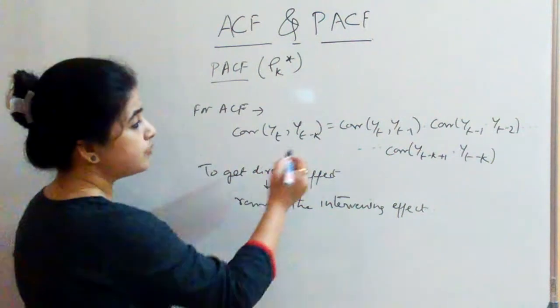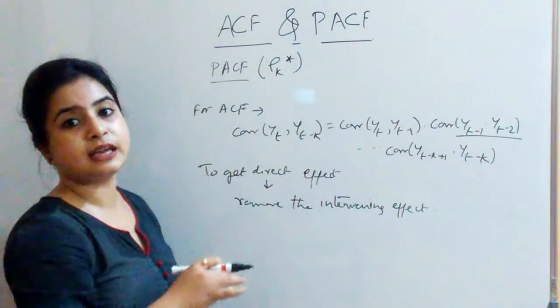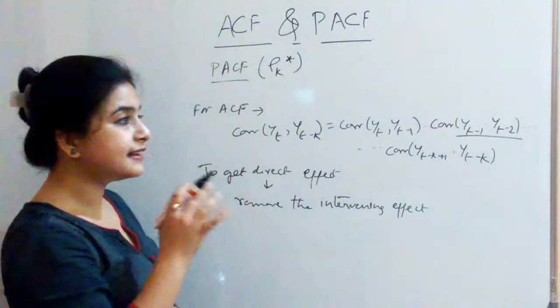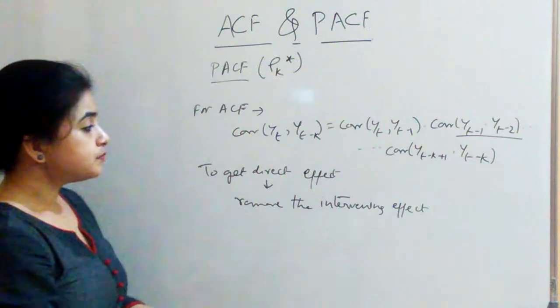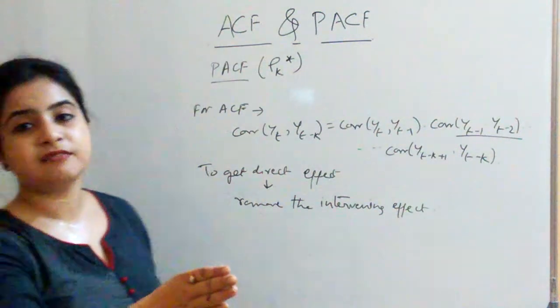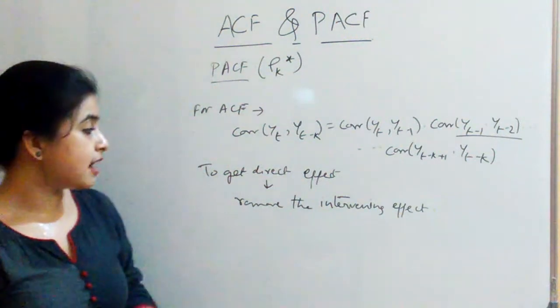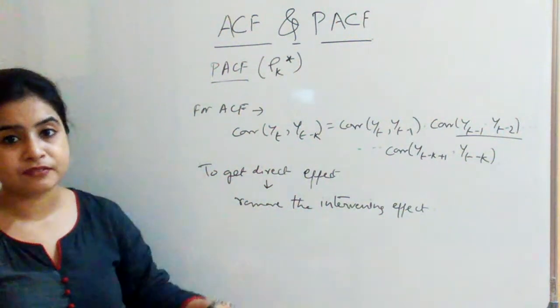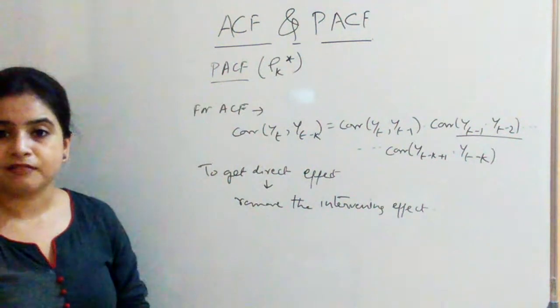That means we have to remove all these variables in between them in order to get the direct effect. Now the partial autocorrelation function allows us to do this. We can eliminate the intervening effect if we have the partial autocorrelation function.